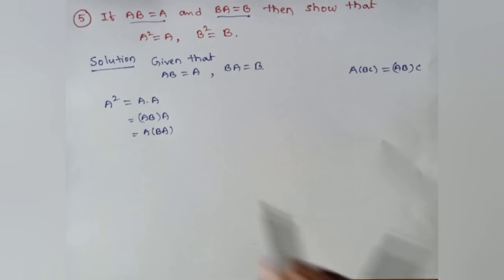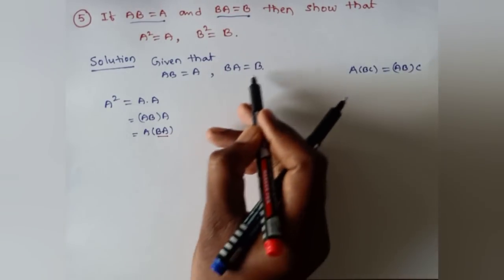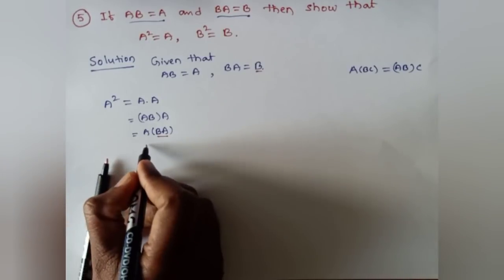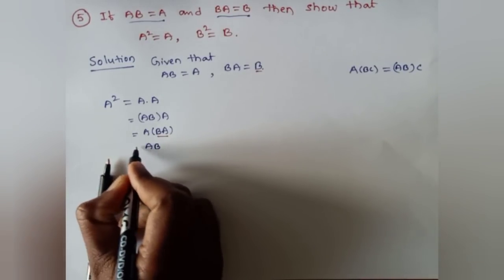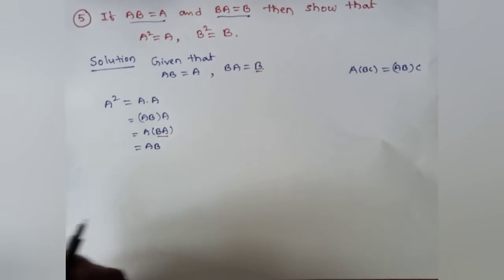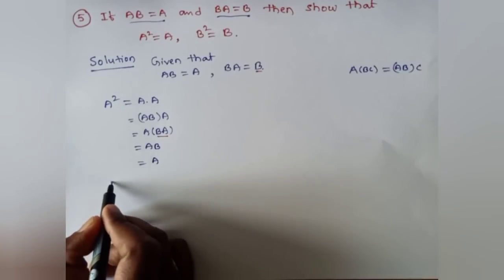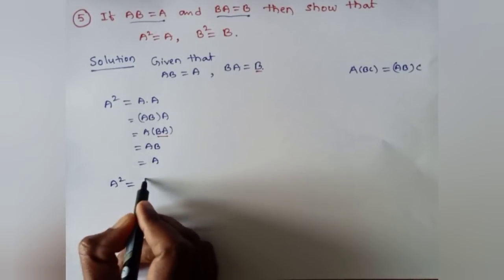Here this BA can be replaced with B, so this is A into B, and again AB is A from the first condition. Therefore A square is equal to A.